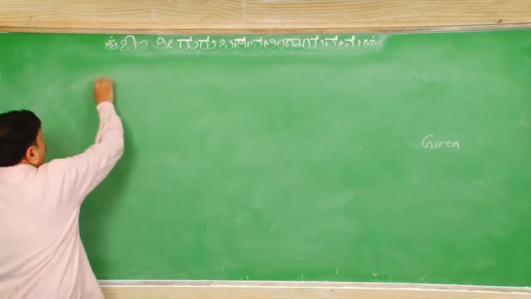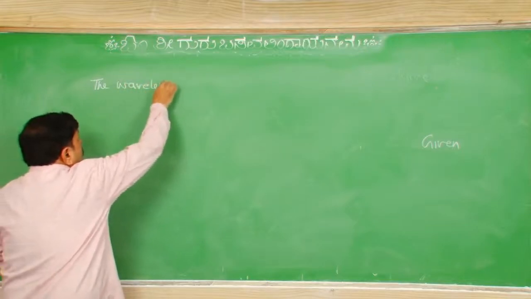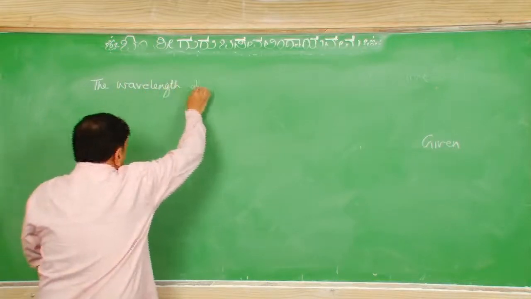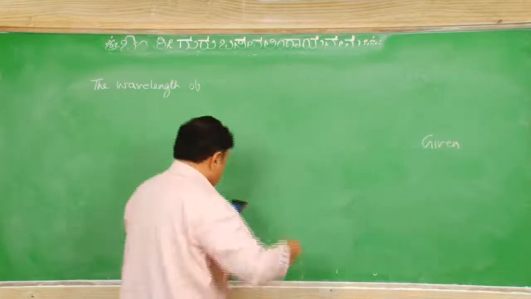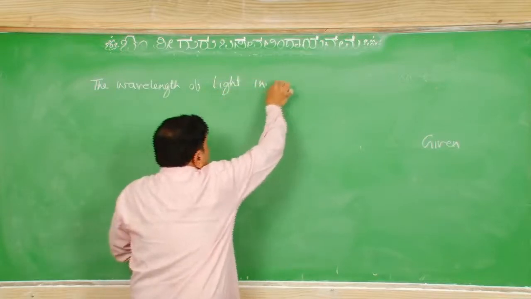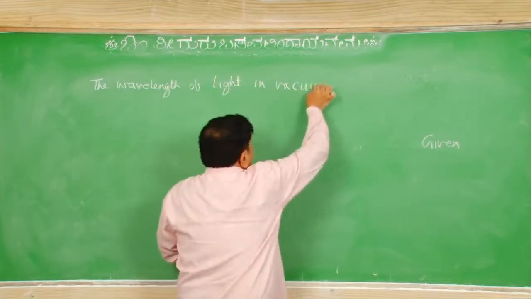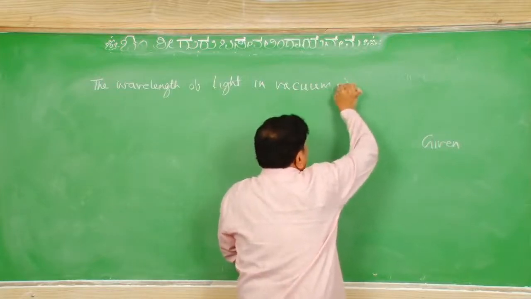The wavelength of light in vacuum is lambda naught.